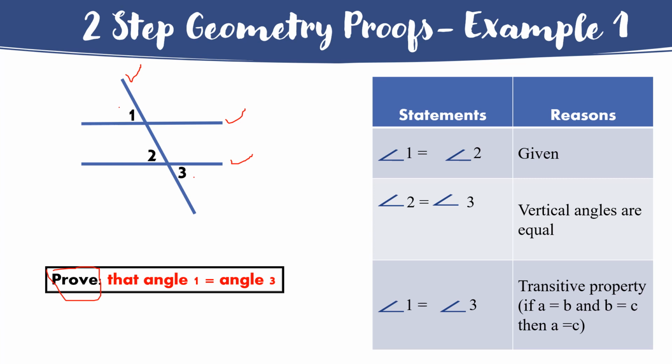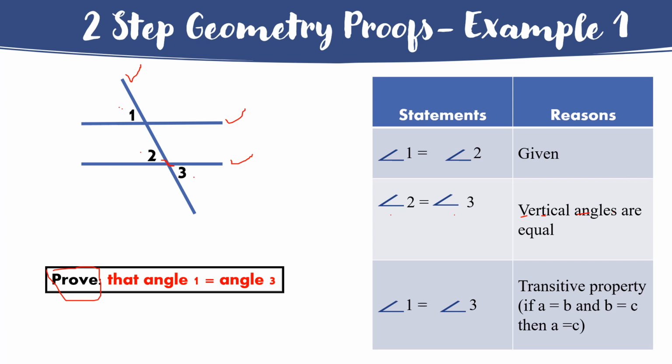We know that angle 1 is equal to angle 2. That's a given because of parallel lines intersecting with the transversal. And we know that angle 2 equals angle 3 because vertical angles are equal, and they are vertical angles, 2 and 3. And so we use the transitive property, and we say that if A equals B and B equals C, then A equals C. Well, in this case, we have angles.